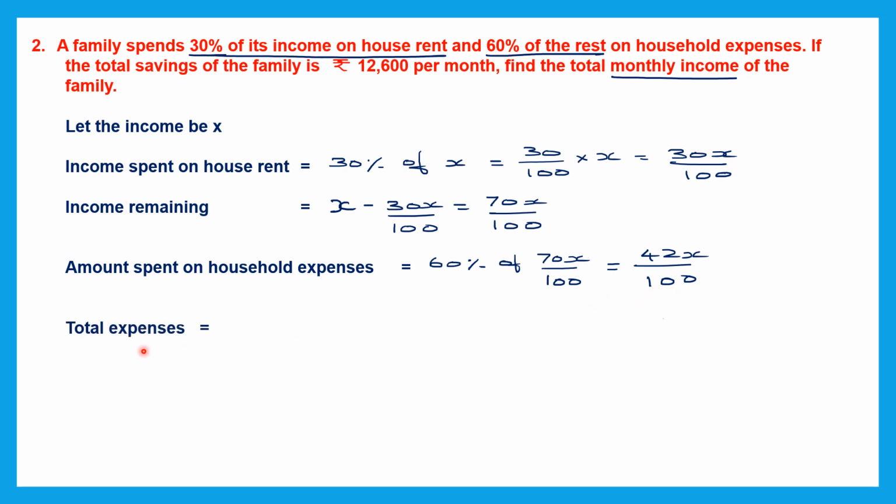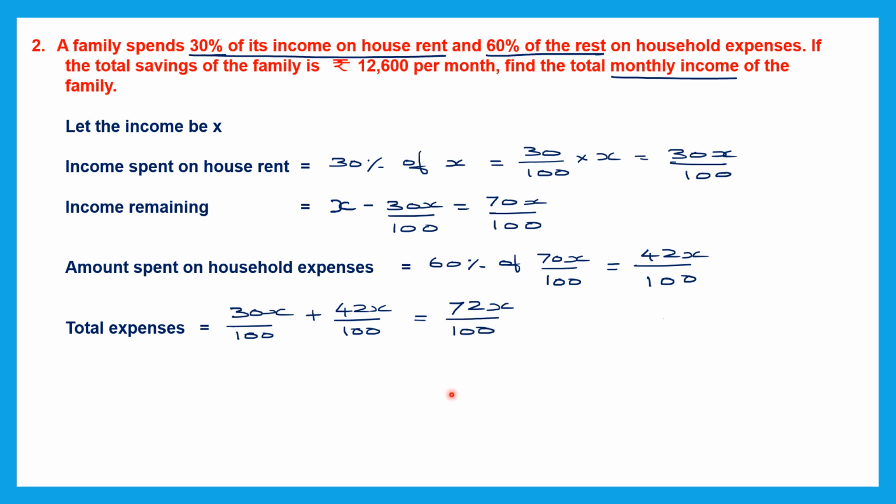Then total expenses. What are the total expenses? Now so much was spent on house rent, so much was spent for household expenses. So if we add up both, we will get the total. So that is 30x by 100 plus 42x by 100. Since the denominators are the same, we can simply add the numerators. 30 plus 42 is 72, and we have x, 72x by 100.